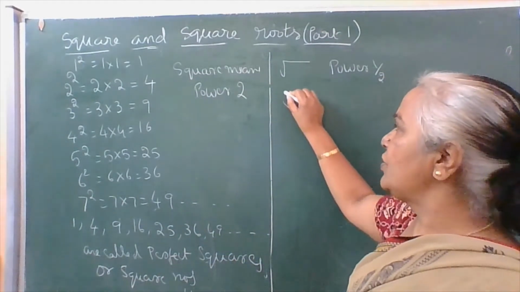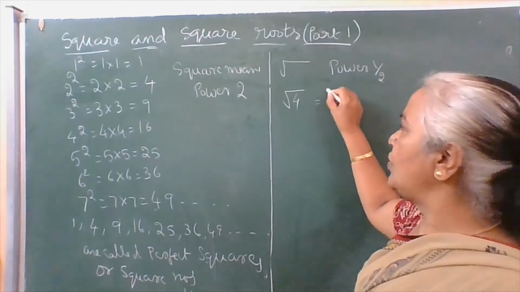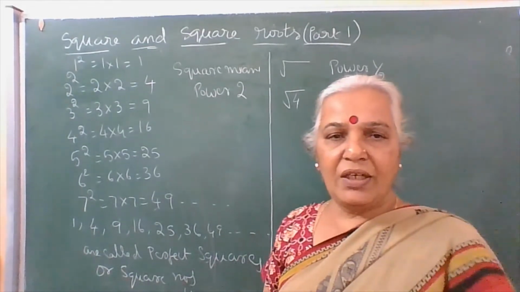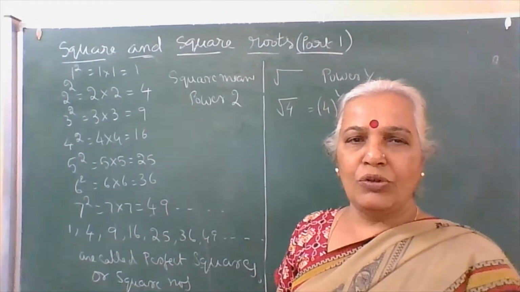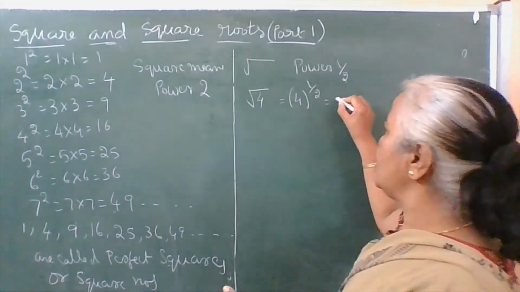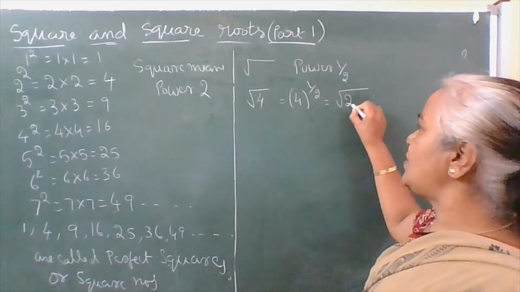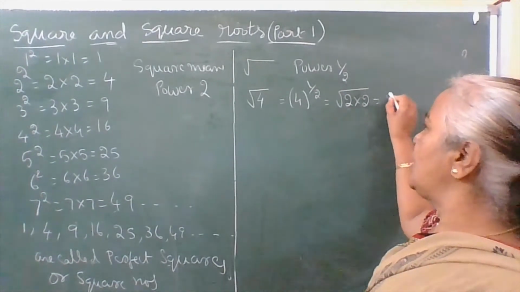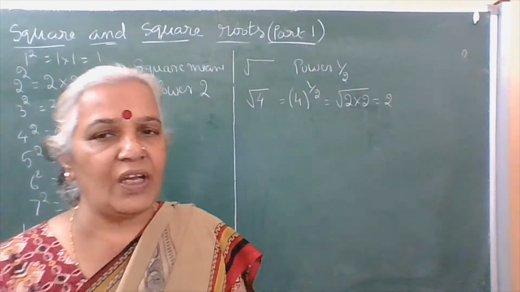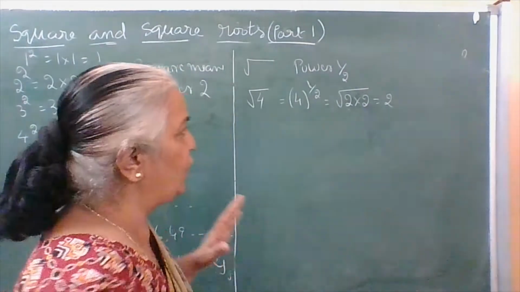If you write square root of 4 or 4 to the power of half, this 4 can be written as 2 into 2. Square root of 4 can be written as 2 into 2, that is 2. That means in the square root, instead of 2 factors, we are writing 1 factor.